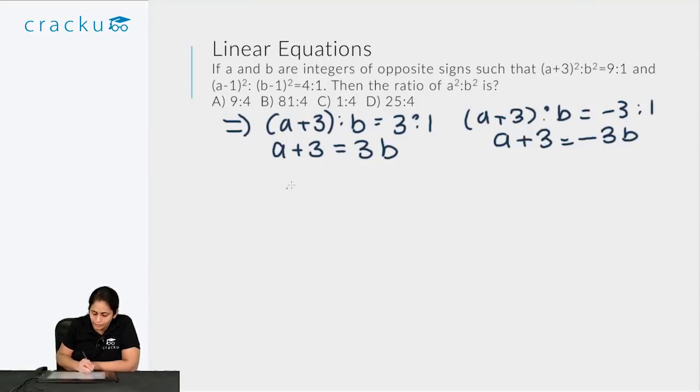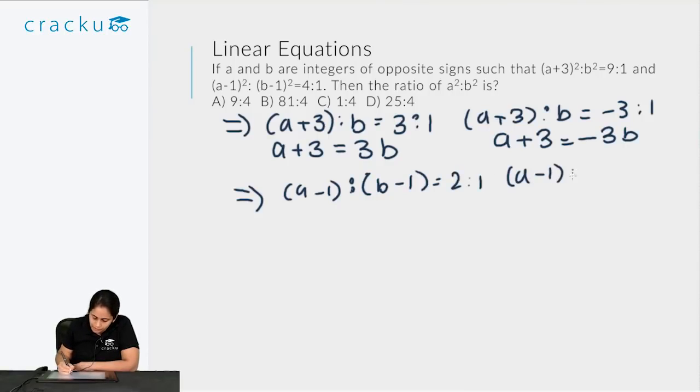On solving, you basically get one linear equation like this. Similarly, there are two possible cases for (a minus 1) the whole square to (b minus 1) the whole square is equal to 4:1. So I can say that a minus 1 to b minus 1 is equal to 2:1, or it is equal to minus 2:1.